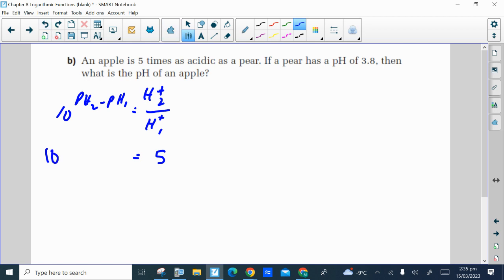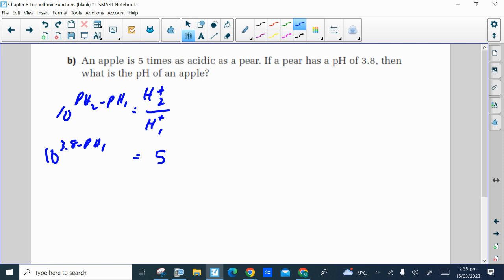So it'll be 10 to the power of 3.8 minus pH 1. It says that the pear has a pH of 3.8. So we're finding pH 1, which is the pH of an apple, and it should be closer to 0 because it's more acidic. If we get a negative value, that just means we had these two in the wrong order.